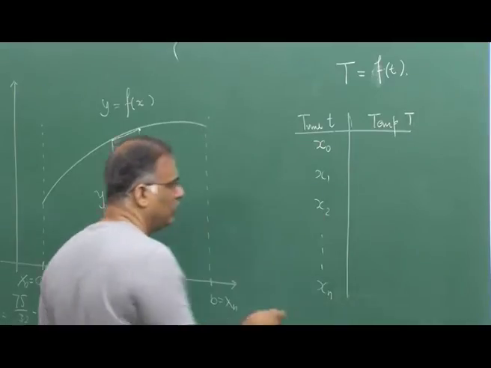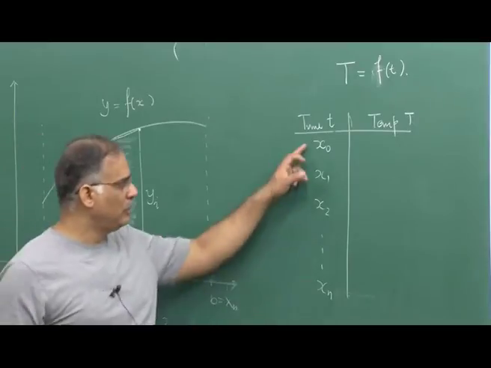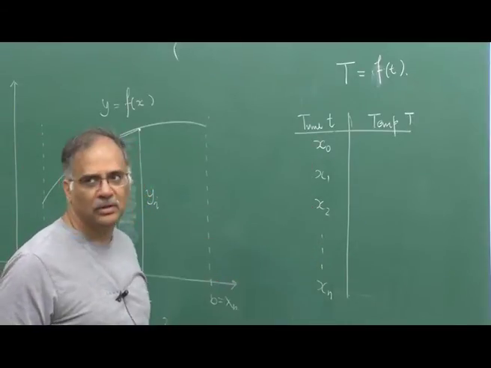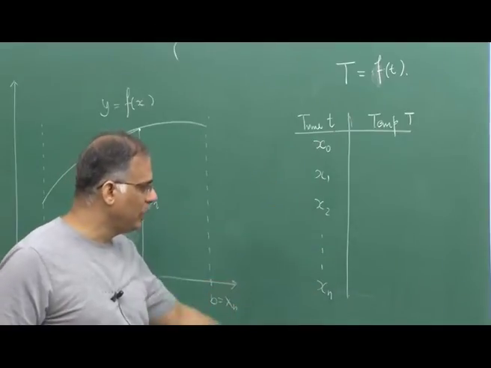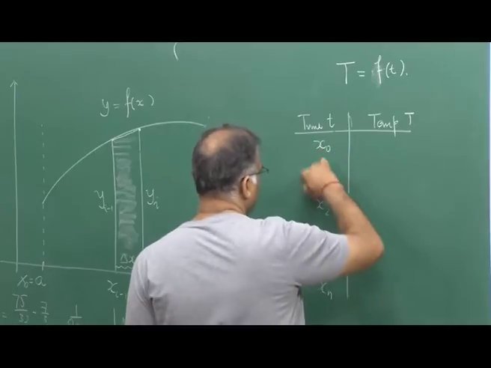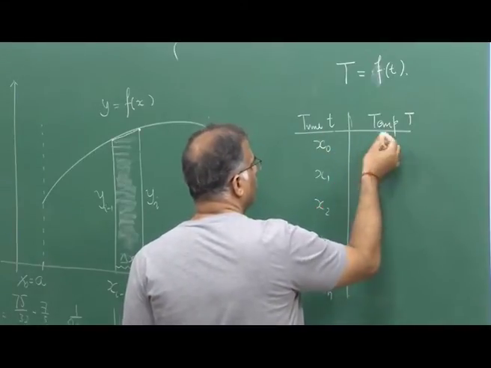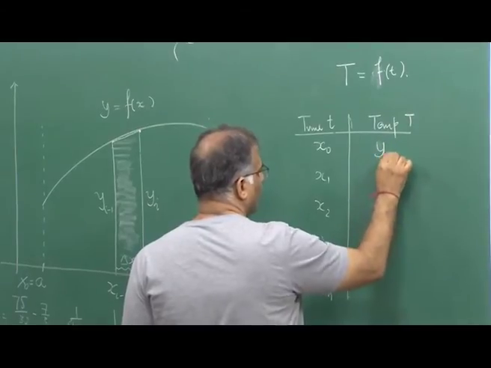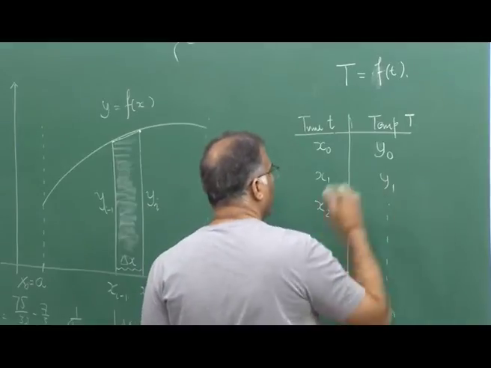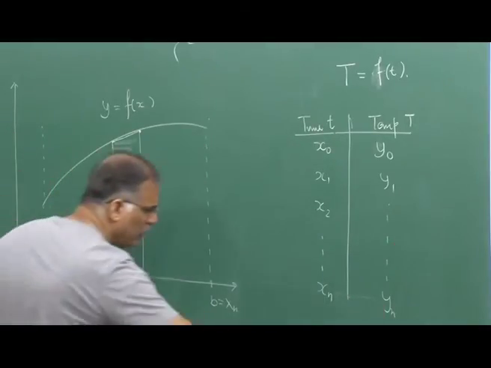So you have recorded, say, each hour, for n hours, for n gaps, starting at time t equal to 0 and ending at the nth moment. So this is your time x0, time x1, time x2, and time xn. The temperature would be given as y0, y1, yn. Then it is the same procedure.